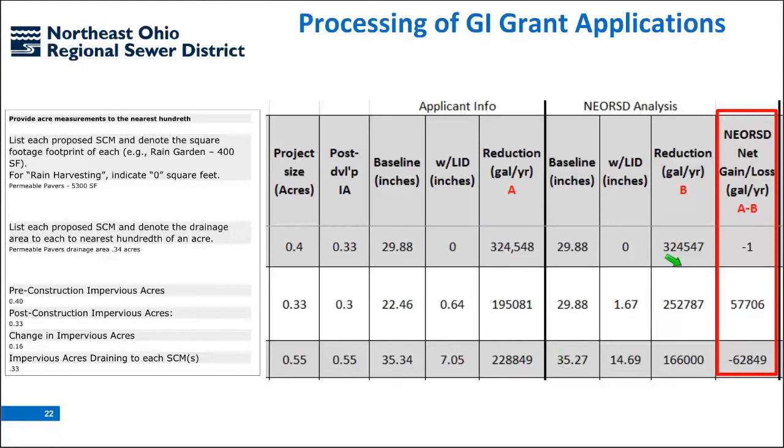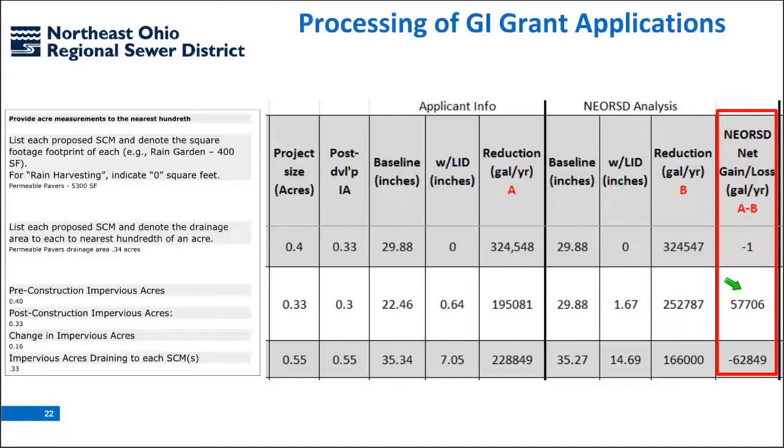But then we use their information and their narrative to rerun that model with our interpretations of what they're really trying to do and see if we agree with their assumptions or not. And sometimes we agree, and you can see the difference between our assessment and their assessment is almost identical in this case. So that would be one application that we agreed quite well with.